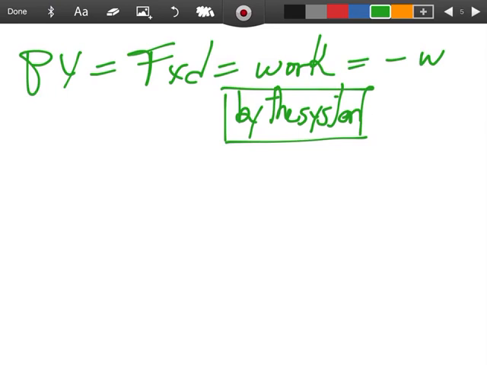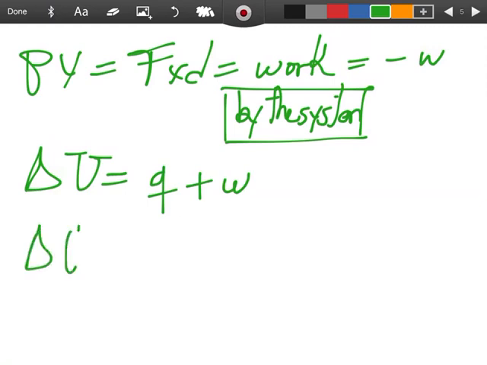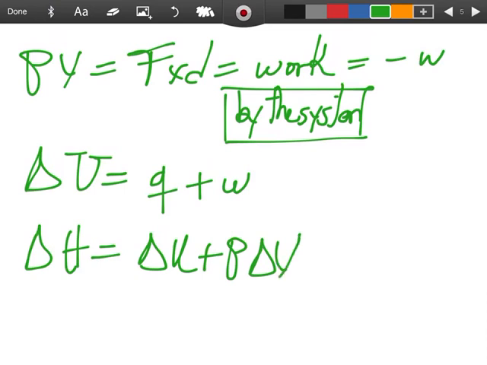Okay? Very well. So if this is true, what I can tell now is that if I have a change in the internal energy, I would have to say that I have Q plus work. Or I can also say that if I have a change of H, this would be the change of U plus P times the change of V. Very well.